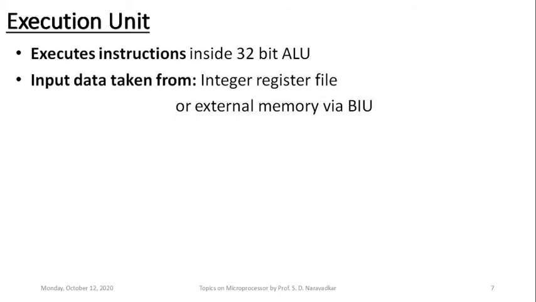It means that the data which we want to process can be taken either from the integer register file, or from external memory by putting a request to the BIU.